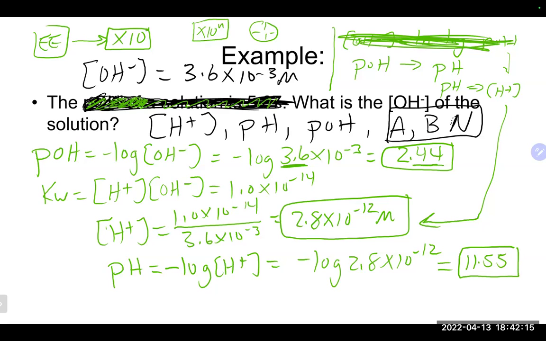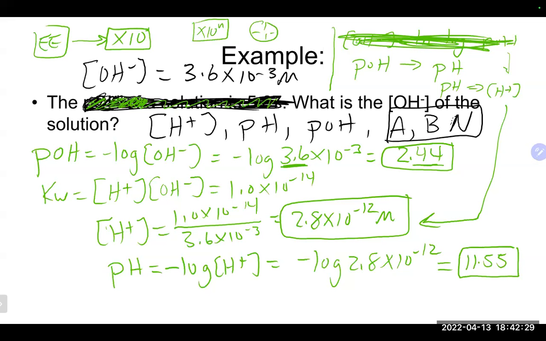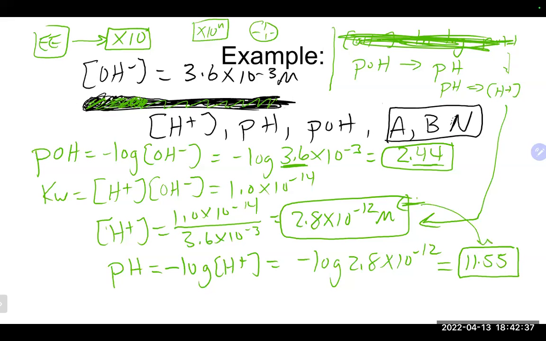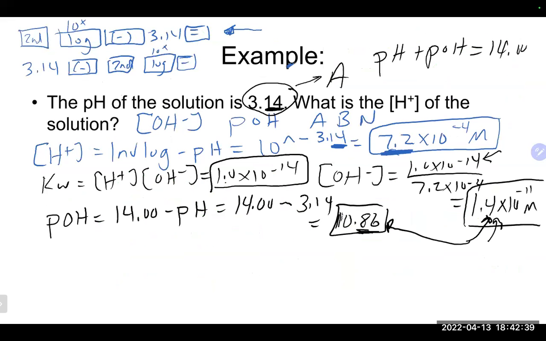How do you inverse that so I can get the negative log of 2.8 times 10 to the negative 12 to get 11.5? Oh, so you're asking if you had this number and you want to go here. Yes. Basically, again, it would be, I'm just trying to find somewhere I could write here.